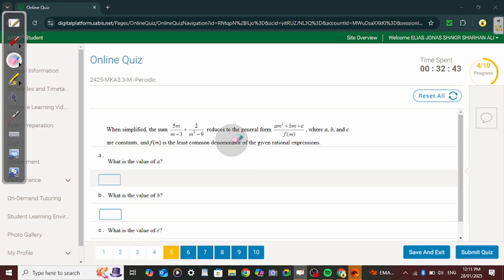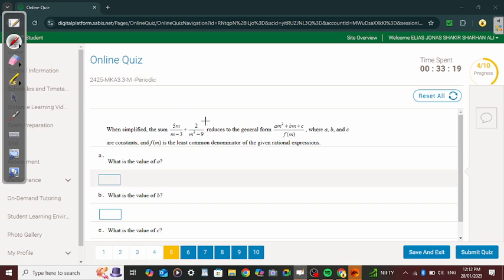Okay, here when simplified, the sum of 5m over m minus 3 plus 2 over m squared minus 9 reduces to the general form (am squared plus bm plus c) over the least common denominator, where a, b, and c are constants. Okay, so first we need to find the least common denominator. M minus 3 is already in its simplest form, so just forget about that actually.